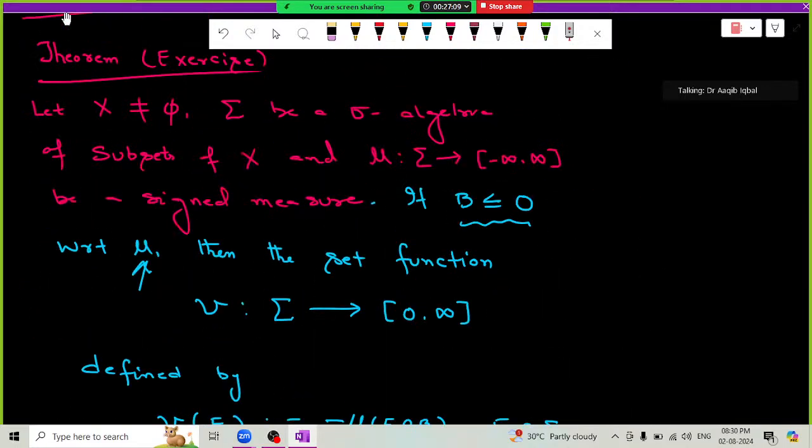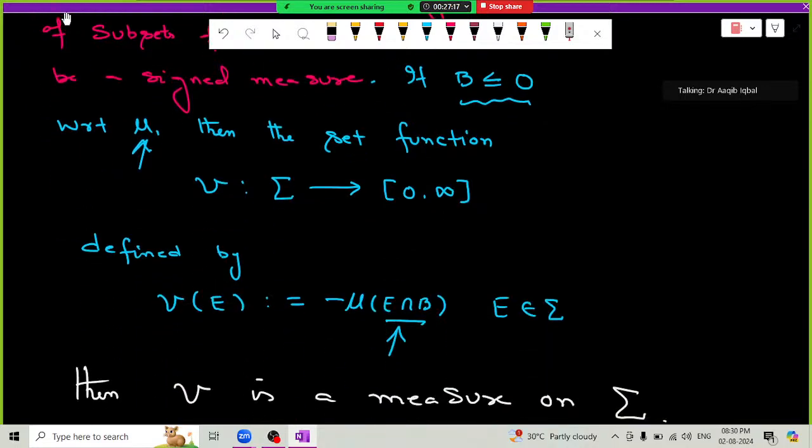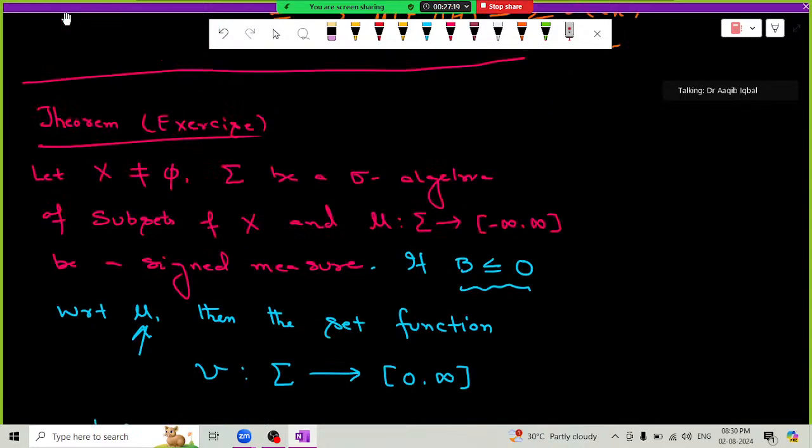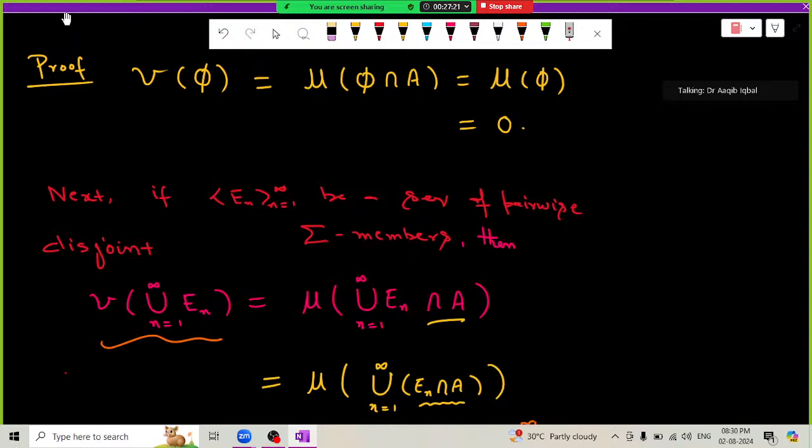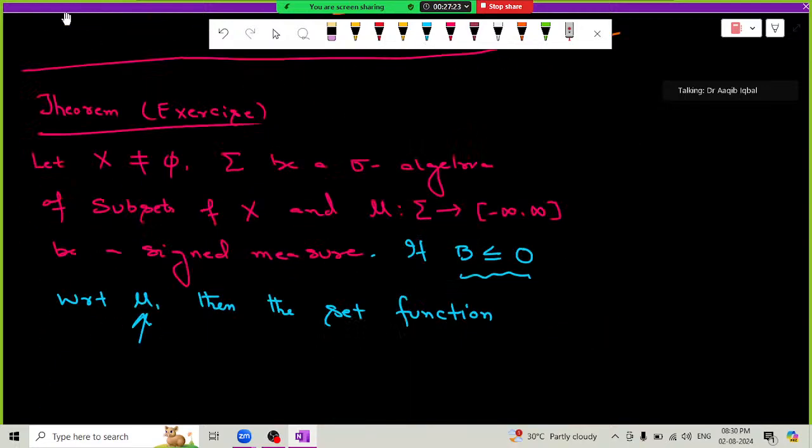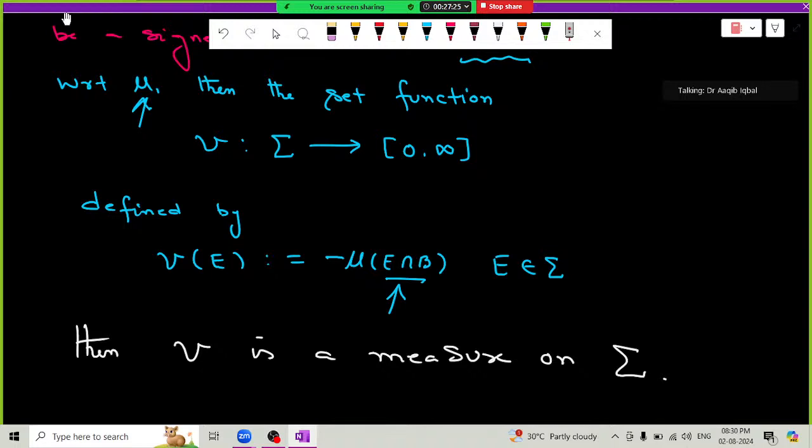Mu takes empty set to 0, वही प्रॉपर्टी nu में भी रिफ्लेक्ट होगी, और mu की एडिटिविटी भी nu में रिफ्लेक्ट होगी, जैसे ऊपर रिफ्लेक्ट हुई थी. ठीक, सो कोई नया आइडिया इसमें नहीं है, so I leave this to you.